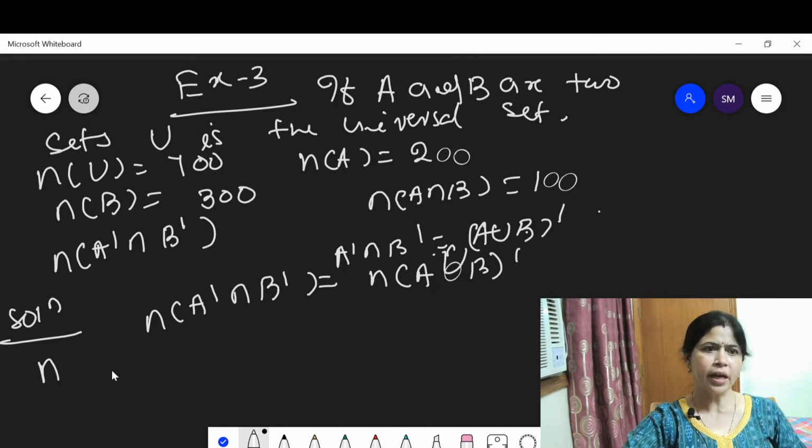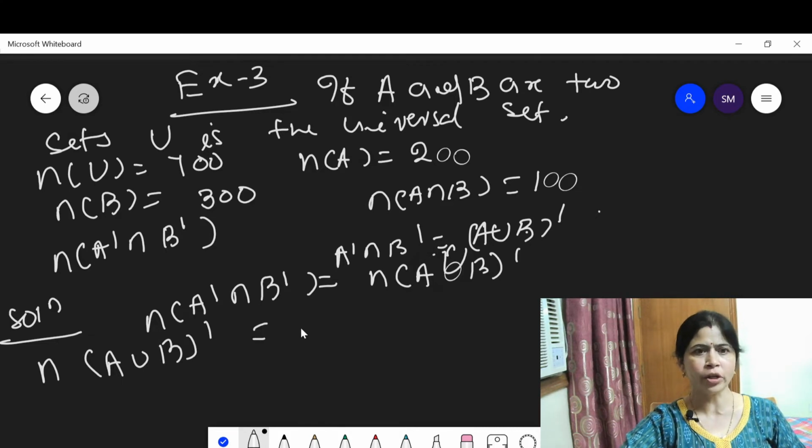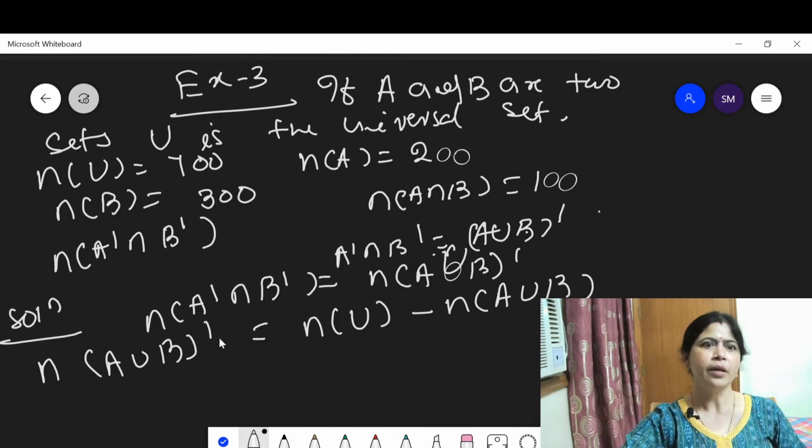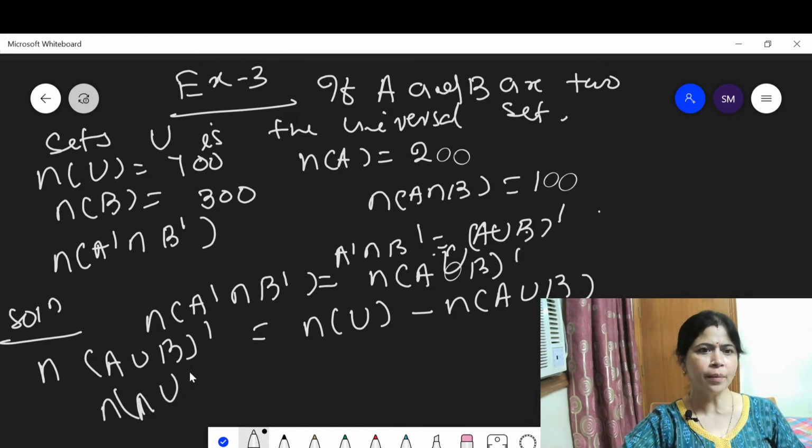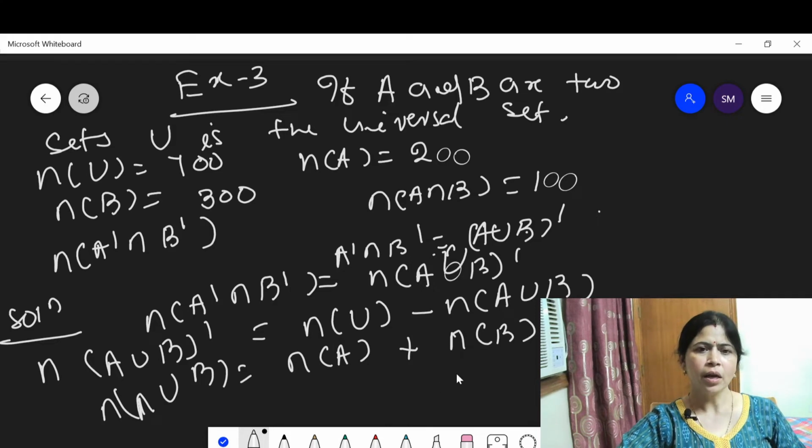As we know that n of (A union B) dash is equal to n of universal set minus n of A union B. Then here n of A union B is equal to n of A plus n of B minus n of A intersection B. You know the theory.